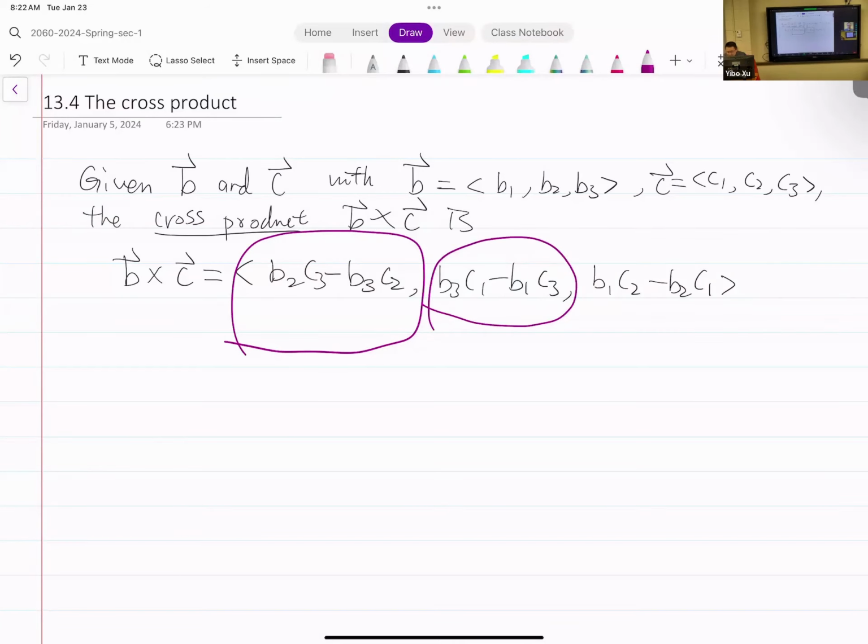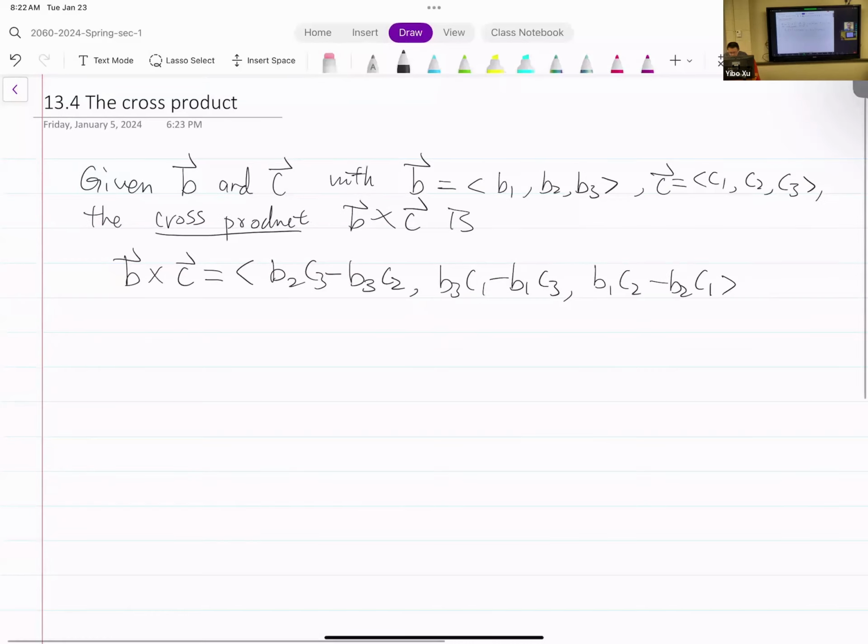There's no 2, and you see 1, 3 and 3, 1 from B and C. Similarly, the third component does not have index 3 in the formula. So these are two facts that may help you memorize this formula. And of course, in your handwritten notes in the exam, you can always just write that down, so you don't have to memorize it.